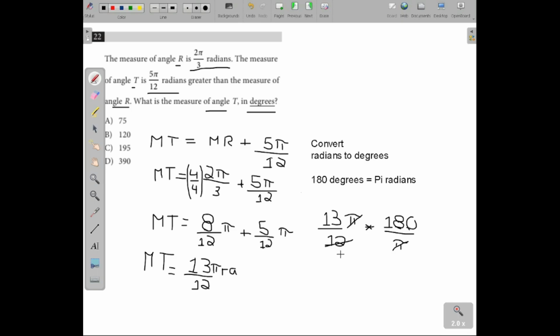We can simplify this. 12 over 12 will be 1, and 12 is 15 times in 180. So finally we multiply 13 by 15.